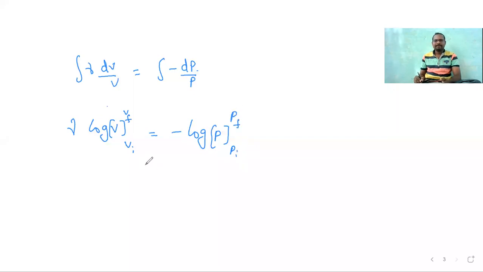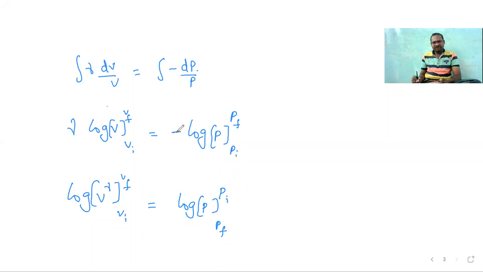Clear? Yes. This gamma into log V we can write as log of V to the power gamma, between V initial and V final, is equal to log P final, P initial. This negative sign is there, no? I am removing it, so these limits will exchange. Clear? Yes.